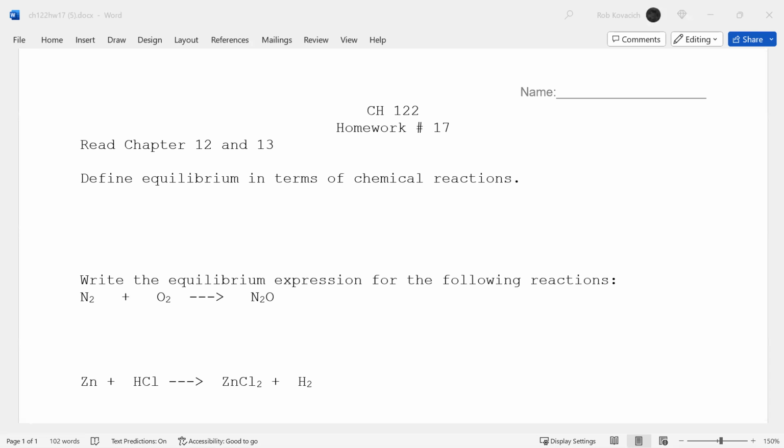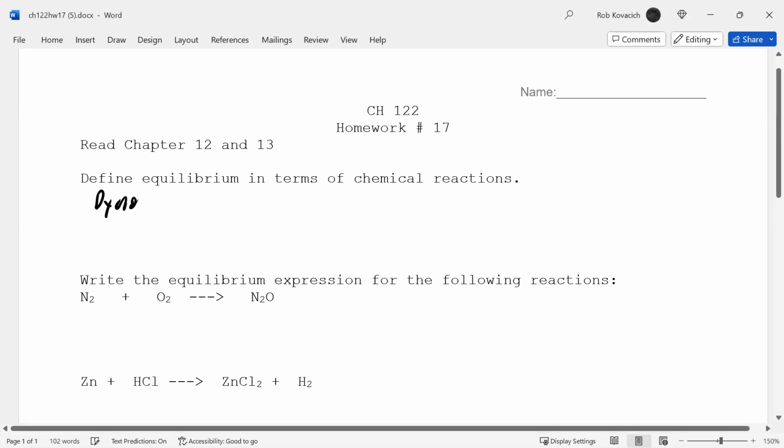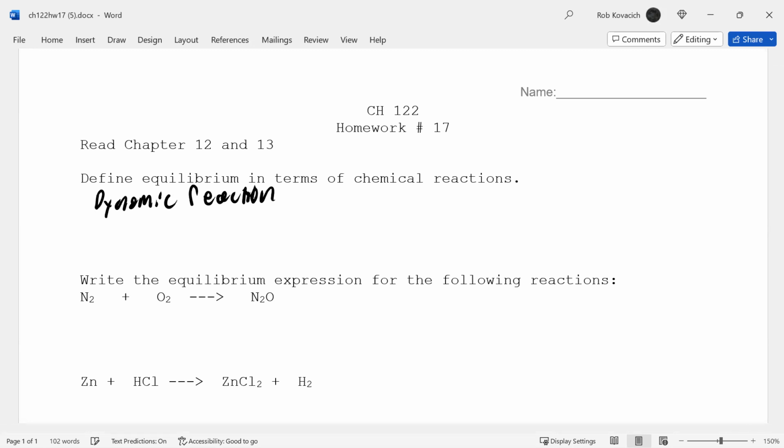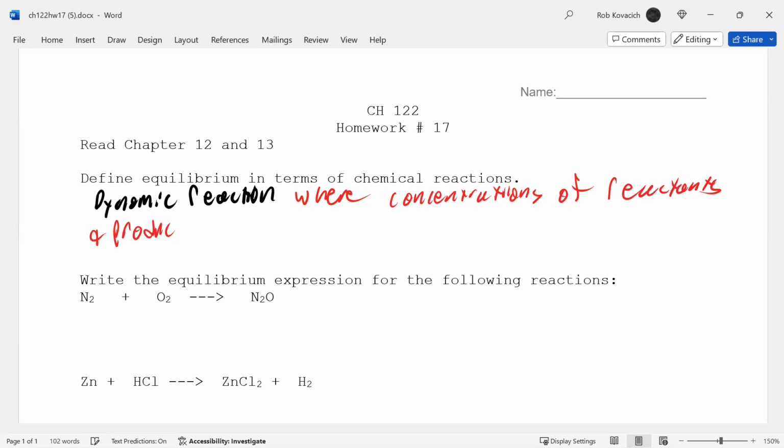Something about dynamic reaction, where the concentrations of the reactants and the products are constant, but the fact that it's dynamic means that the reaction is still going forward.